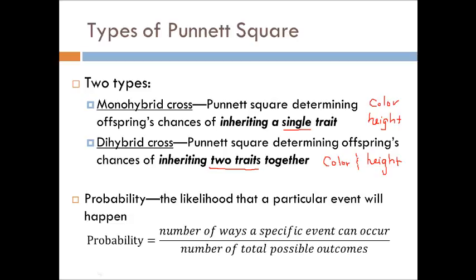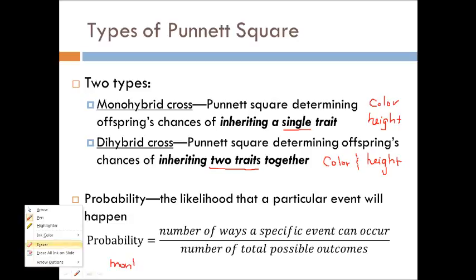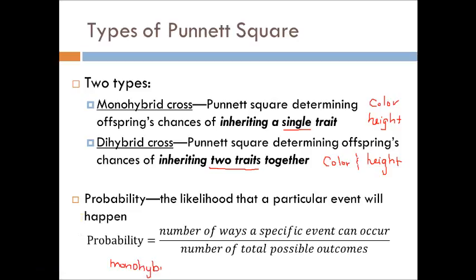do they combine together. Now, when we're talking about probability, to guess the possibility of something, you're going to take the number of different ways that the event you want can happen over the total. Now for a monohybrid cross, everything is always going to be out of 4.